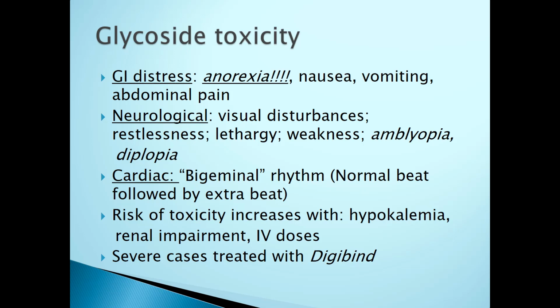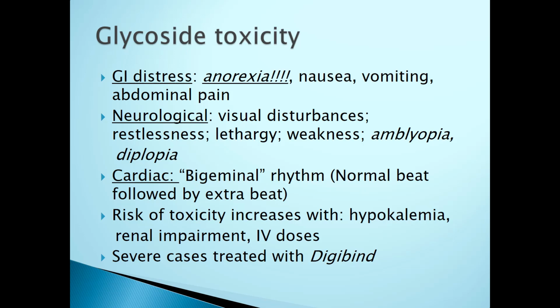A couple other points I probably should have made before talking about Digibind, although Digibind is important. I'd like you to know that. If you suspect glycoside toxicity, you assess further. Look for other signs and symptoms of toxicity. Look at the EKG. Get potassium and digoxin levels in a lab draw.